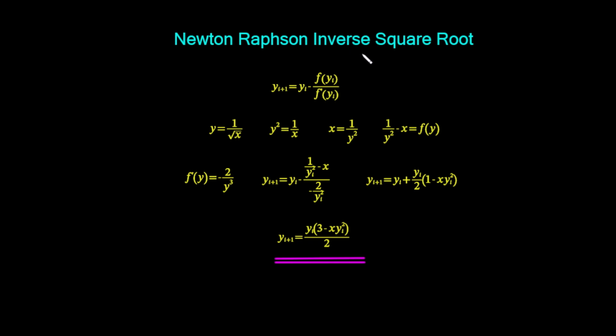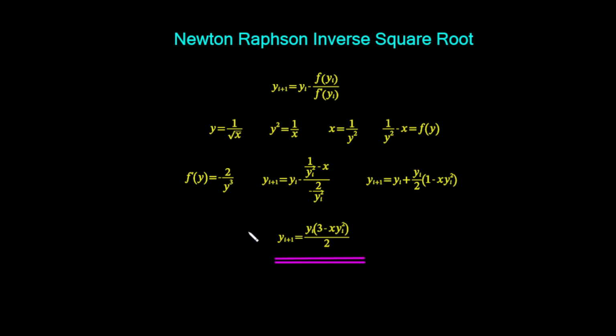Now I've got a little bit of the derivation here, but if you're interested, the final algorithm is written at the bottom. So we're going to take the output from our fast inverse square root algorithm, and then we're going to pass it through this Newton-Raphson method. So we're going to have the output, which is going to be yi. We're going to square it, multiply it by the value x, subtract it from 3, multiply it by y, and divide it by 2.